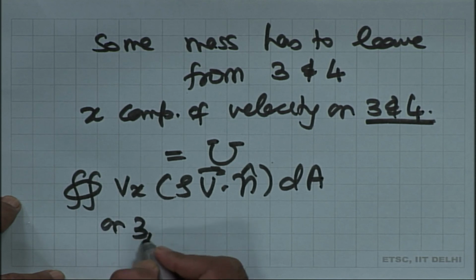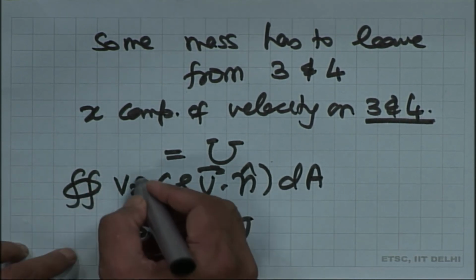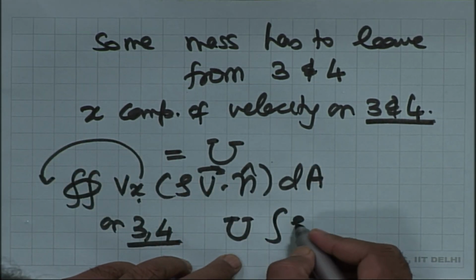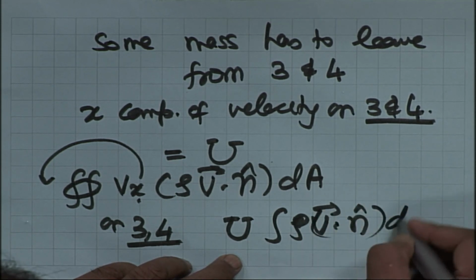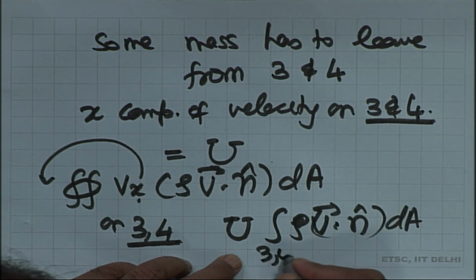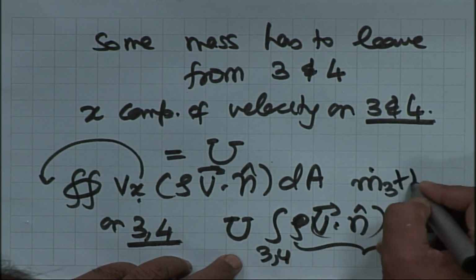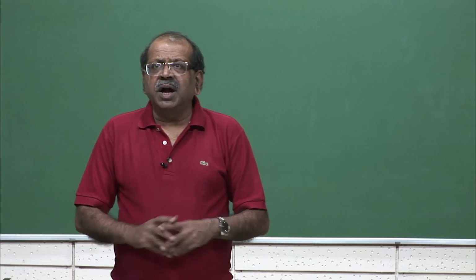On 3 and 4 together, this term will be equal to capital U, this is Vx, it is constant. So, we pull it out of the integral, and rho v dot n dA on surfaces 3 and 4 together will be equal to m3 dot plus m4 dot, and this we will be able to get from mass balance. We club all this together, and we get our answer.